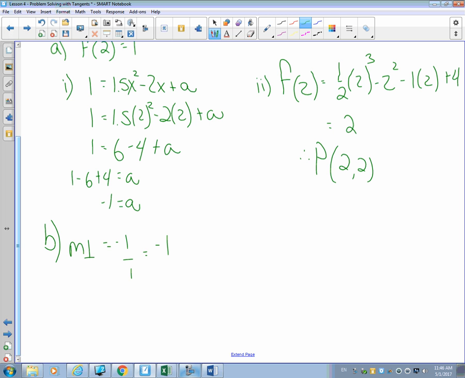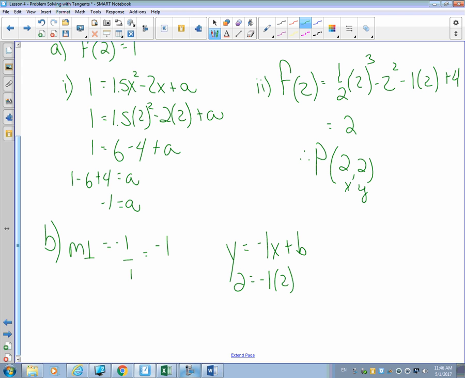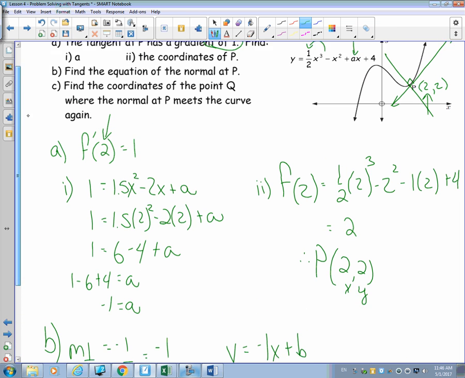So my slope is -1. I want to find the equation of this normal. So y = mx + b, I fill in my slope, and I have a point P. So I can put 2 in for the x and the y, and solve for b. So our normal is y = -1x + 4. That wasn't too bad.